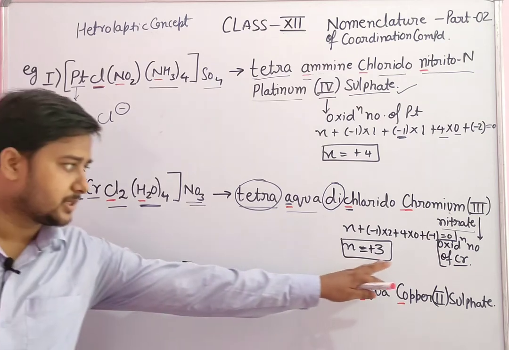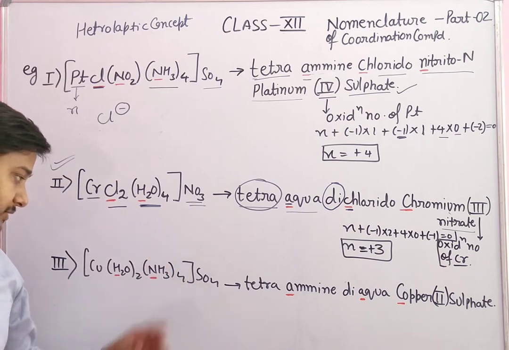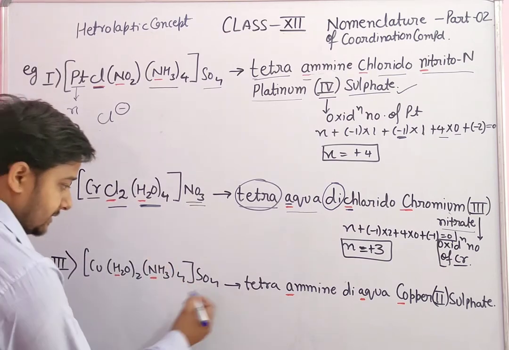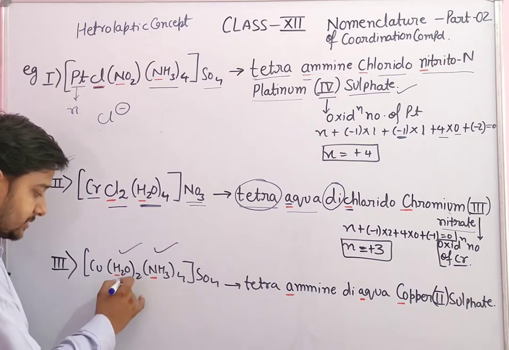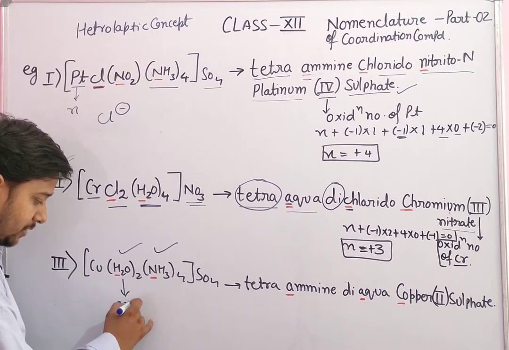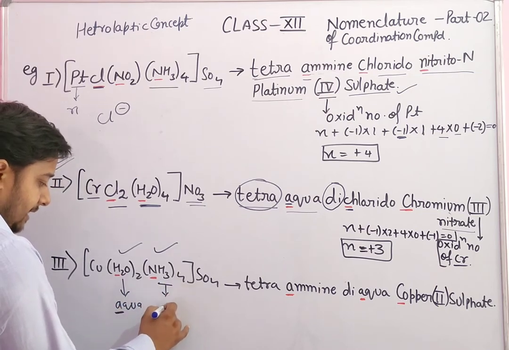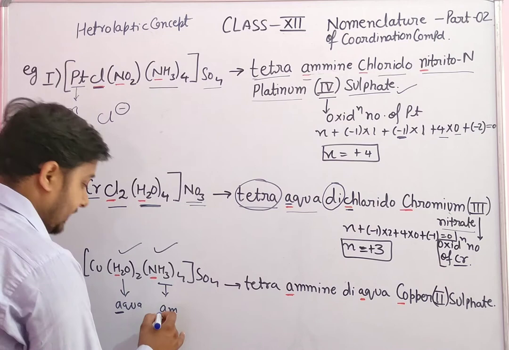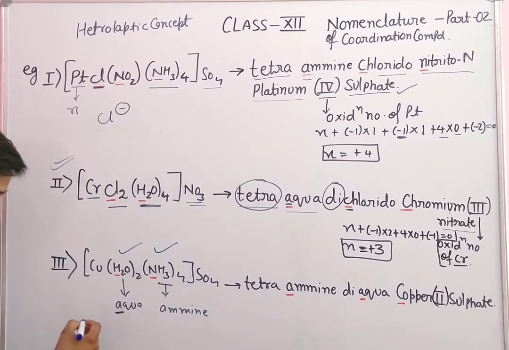How to calculate the oxidation number? The last example for nomenclature: the central metal atom is copper, with (H2O) twice, (NH3) 4, and SO4. Now in this case we will write the name of this one or this one. H2O is aqua, whose first letter is A. In the case of amine, the first letter is also A. So in this case we follow the next letter.